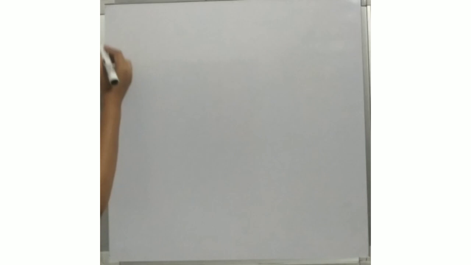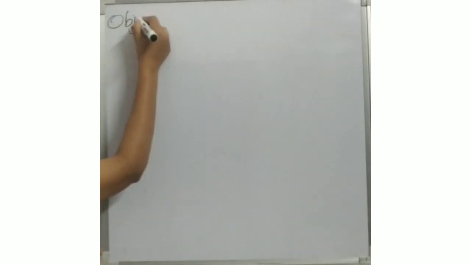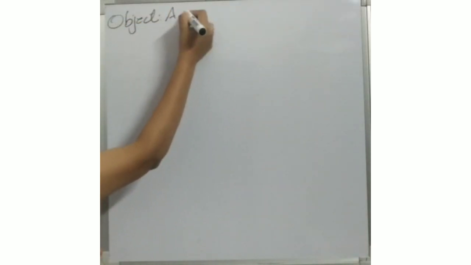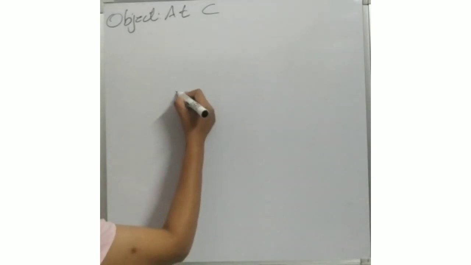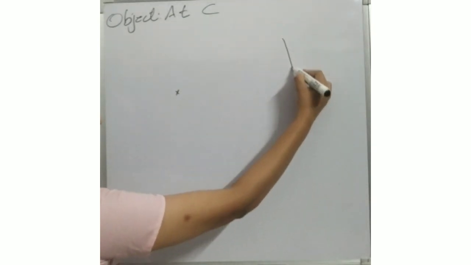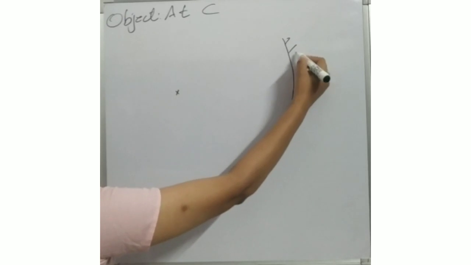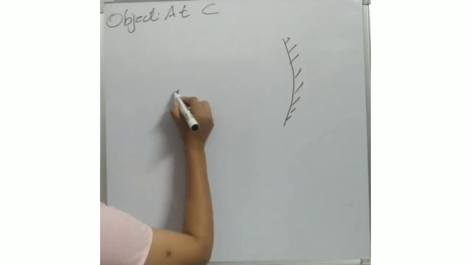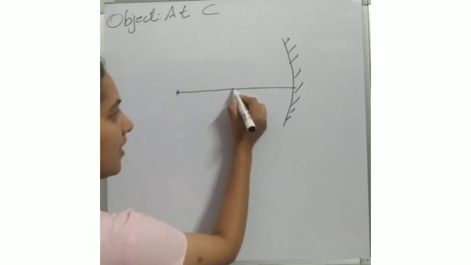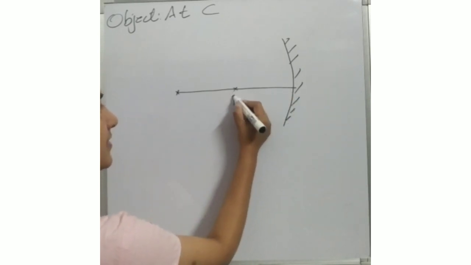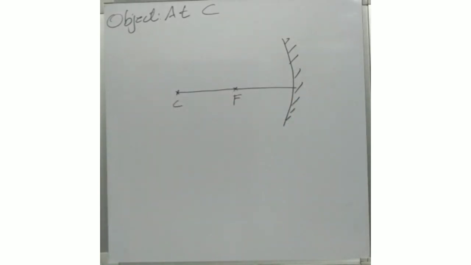Now we will see if the object is placed at C, where and how the image will be. Here we have to draw it very carefully to get the correct result. Okay. Now this is the arc. Correct half should be marked as F. Okay.